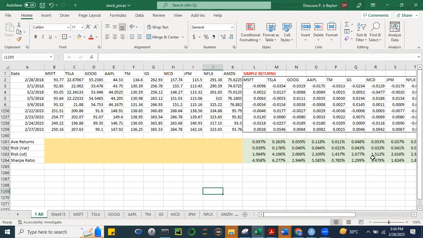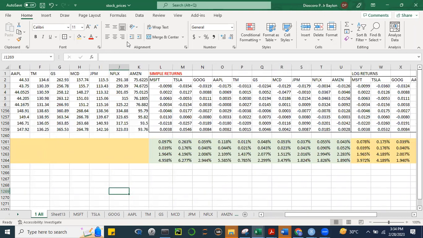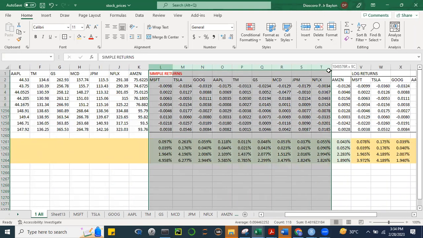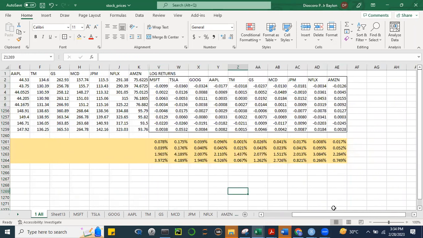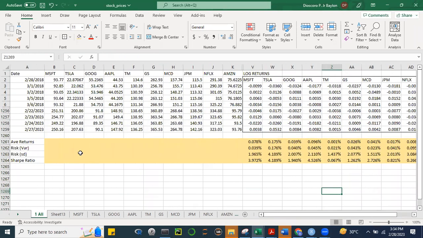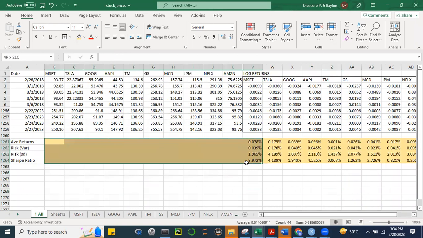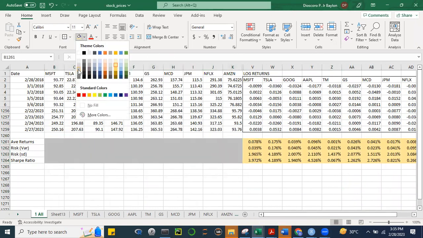Now, let's learn some techniques, some shortcuts. Let's compute for the log returns here. Gamitin natin log returns, which means i-hide na lang natin to, no? Let me hide this. Hide, okay? And then I'm going to change the color kasi pareho na dun sa isa. Yan na lang.